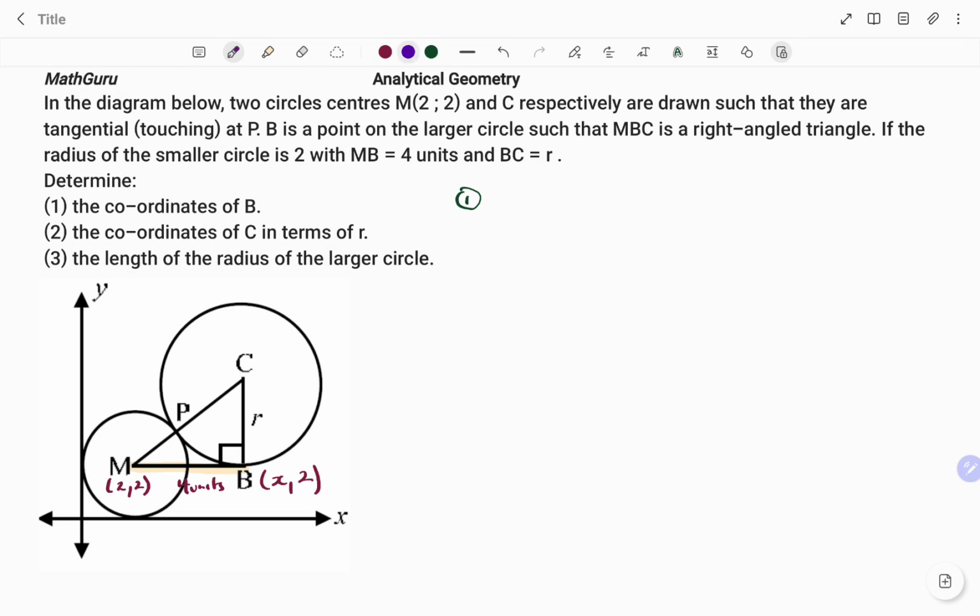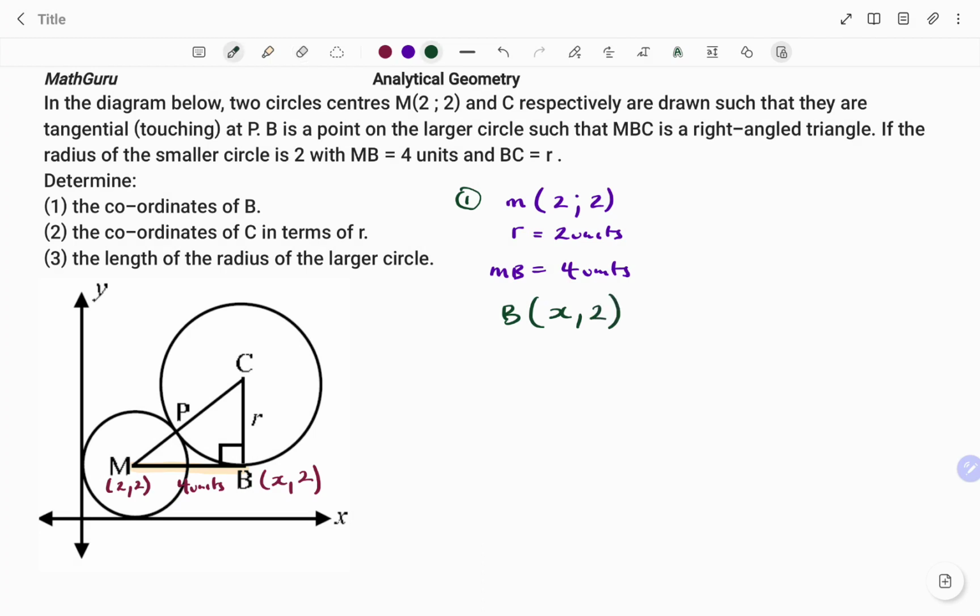Stating my answers, I have the coordinates of M as (2, 2), the radius of the smaller circle as 2 units, and the distance MB as 4 units. So B is on the same line as M, with the same y-coordinate, which I'm going to change to 2.